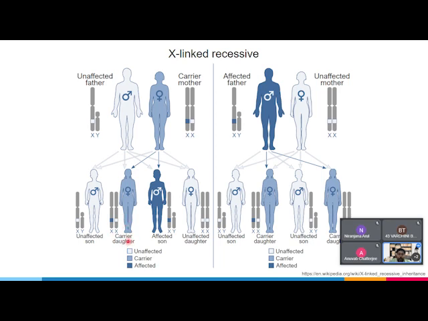This carrier daughter is essentially Uma. Then we cross this carrier daughter with an unaffected male, which is the second generation. So in the next case we have this being Uma and this being the father.